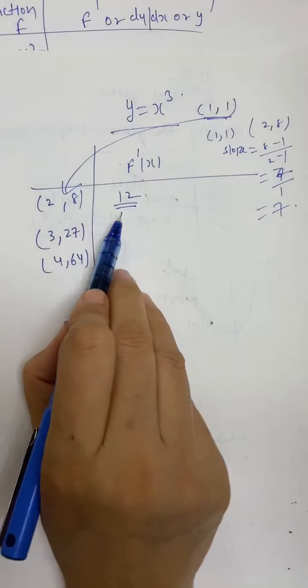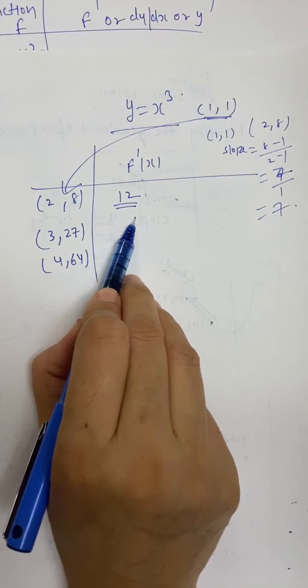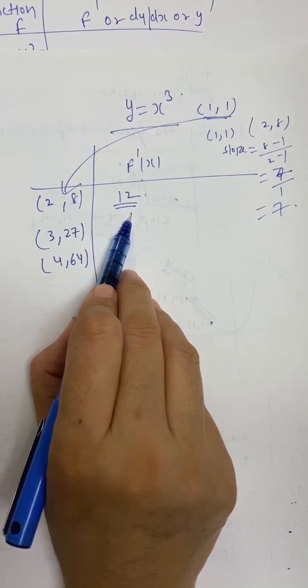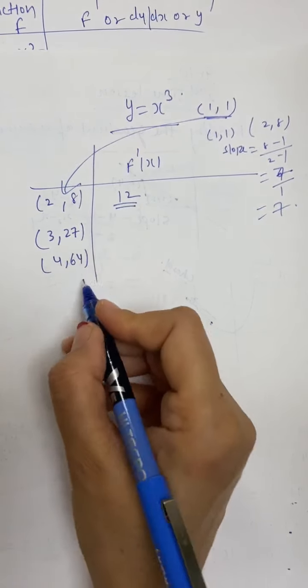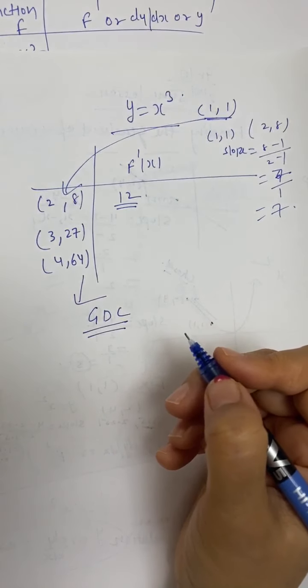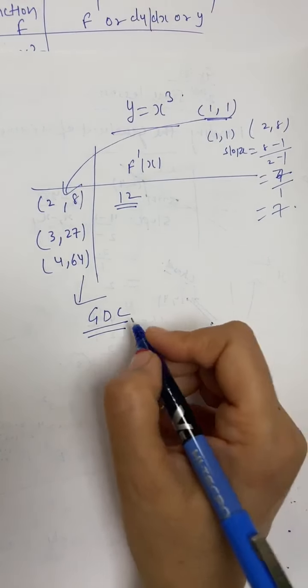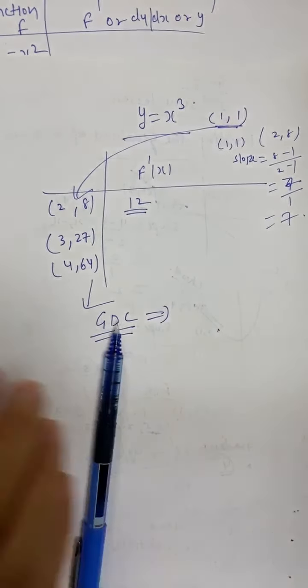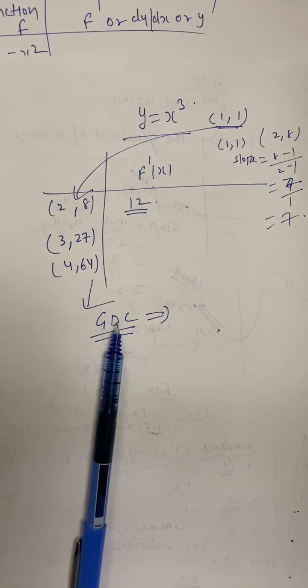So you need Autograph here, or any application where you can actually see that the gradient is going to be 12. Or you can use your GDC actually. I would advise you to look at your GDC and try to find out. Maybe I can show you, just give me a minute.